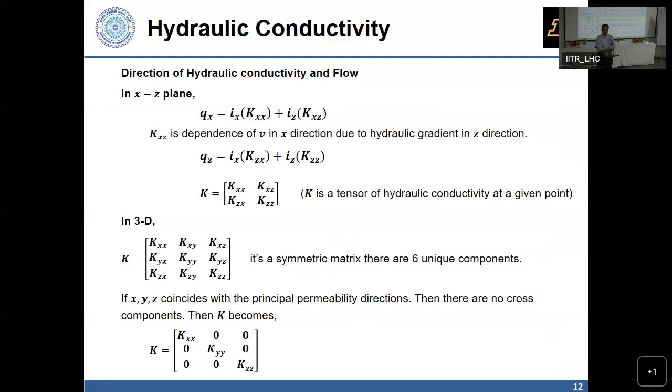At least it's complex in the sense that when we do modeling, groundwater flow equations and so on, these properties, conductivity and transmissivity, are not independently available to us. We use something called calibration.